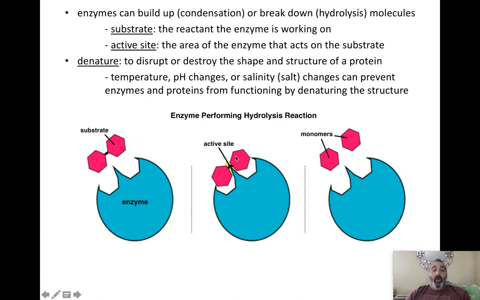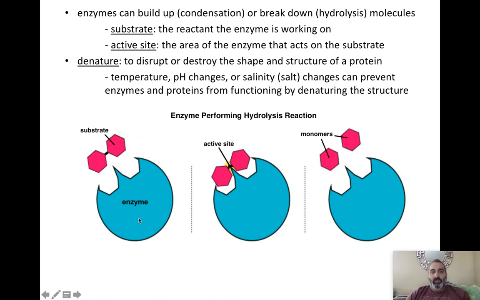Okay? Now, proteins can be destroyed or disrupted. The fancy word for messing up a protein is denaturing a protein. If a protein is denatured, it means the protein has been messed up in some way. Something changed the shape. So let me give an example.